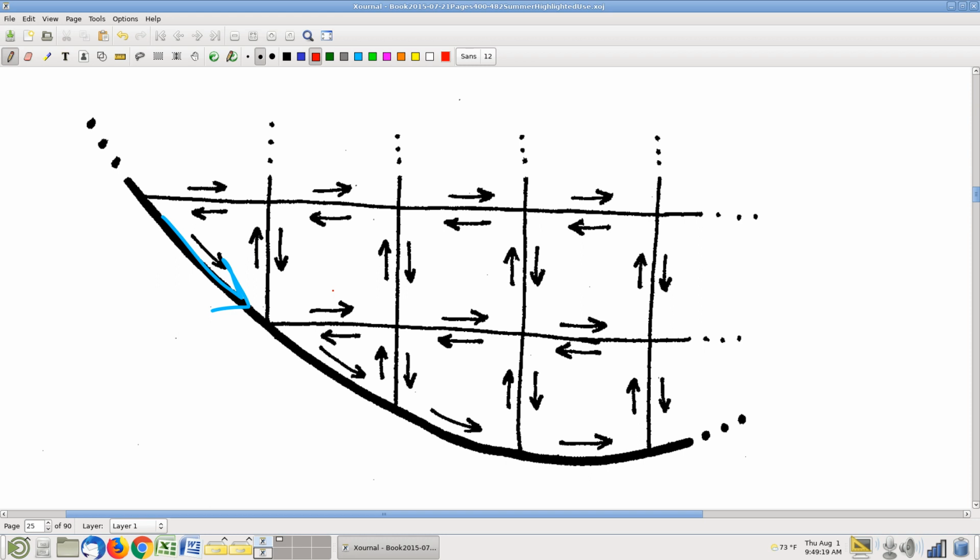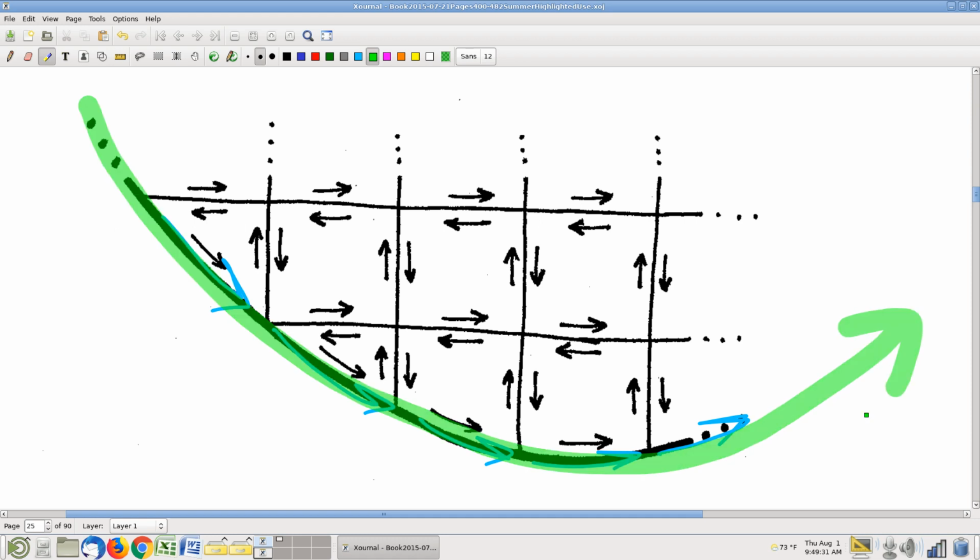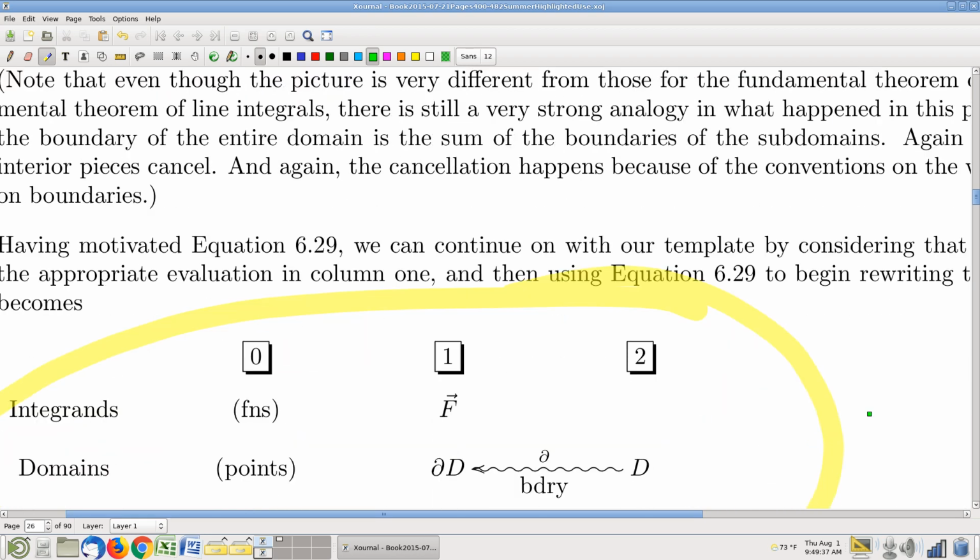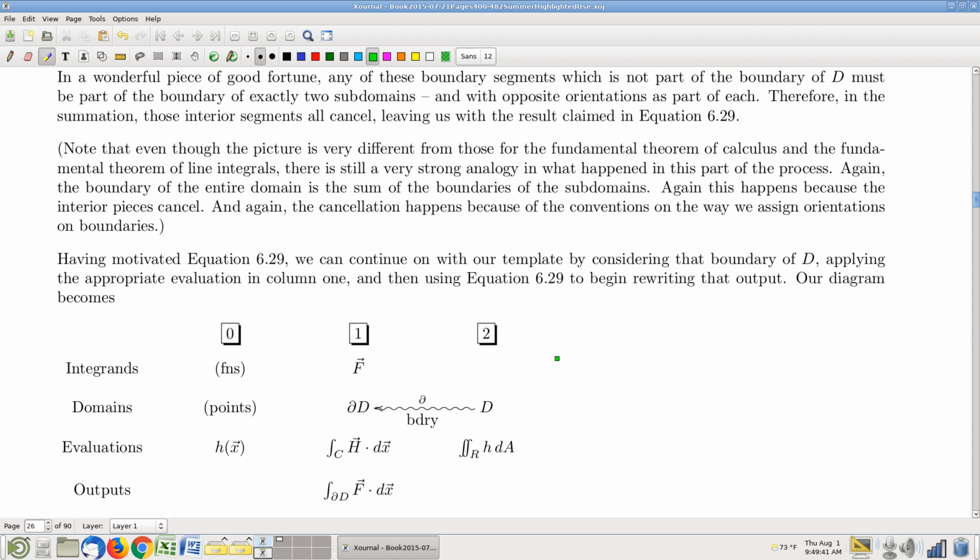All you're left with are the ones that don't have anything to cancel with, and all that's left after the cancellation is the boundary of the hole. So this always works.